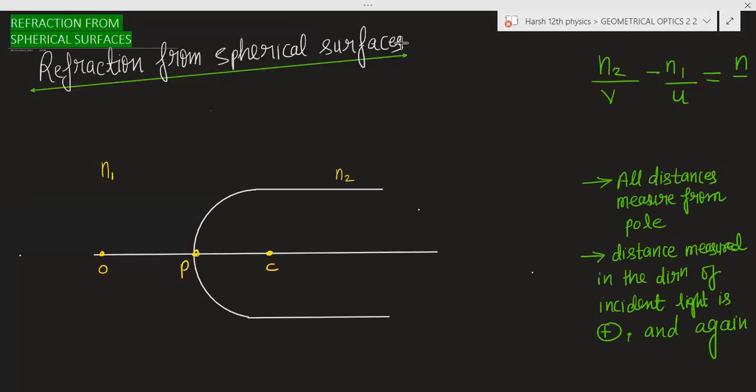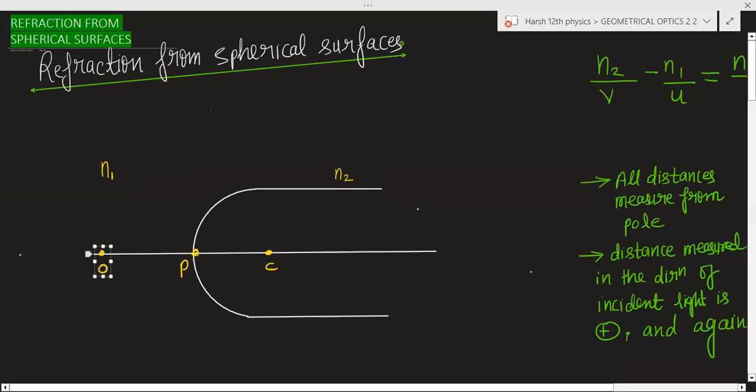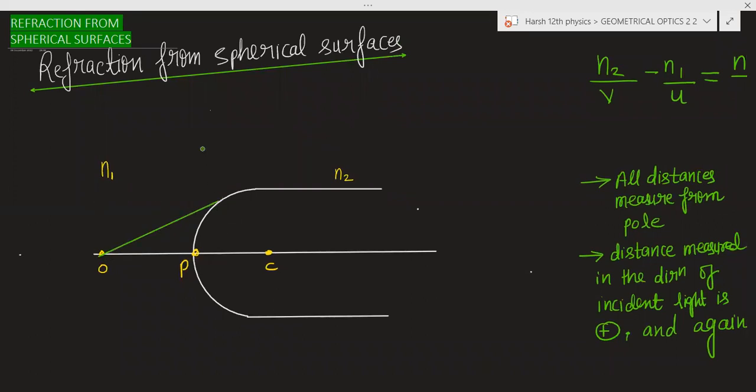Now from this object, suppose the first light ray is going like this, and we will draw the normal for this.